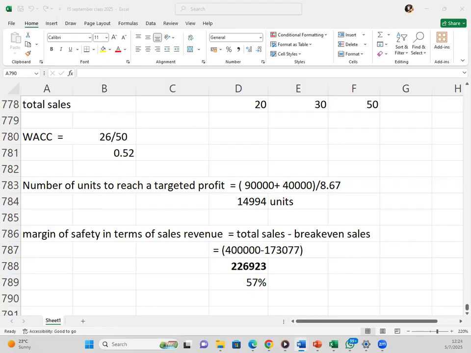However, I will just send you the diagram in the group. So let's not delay on that.